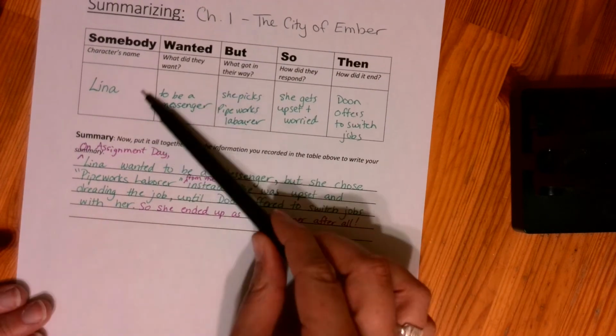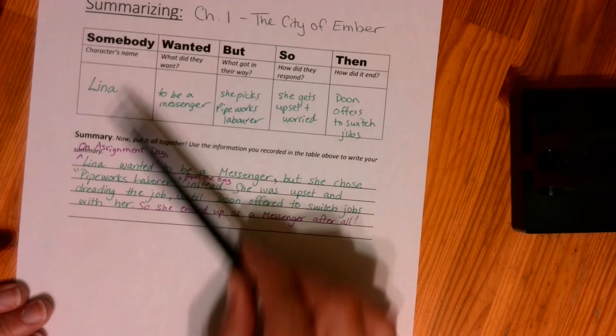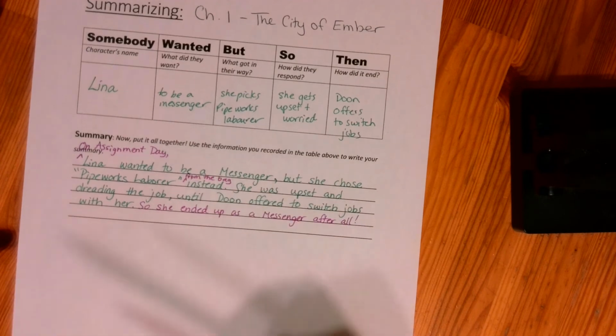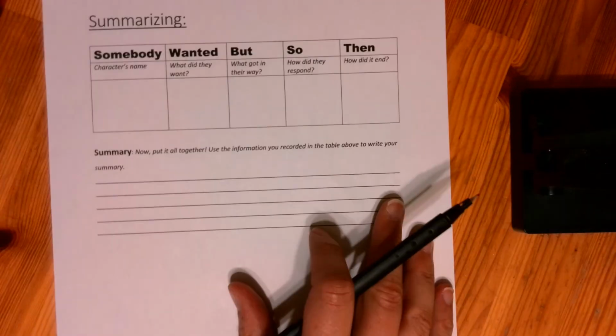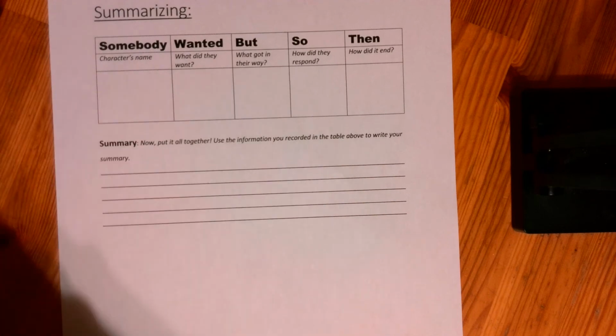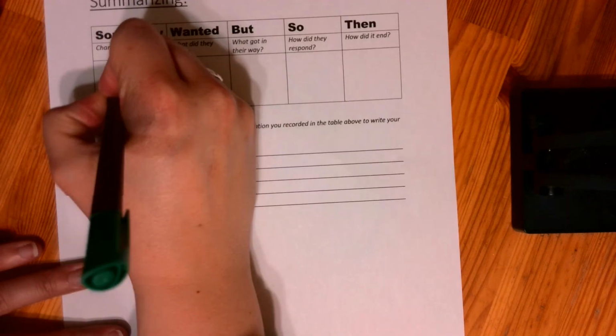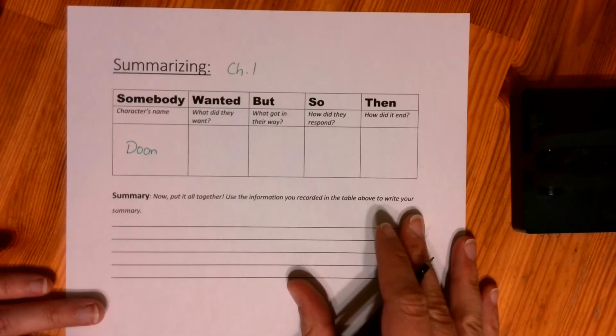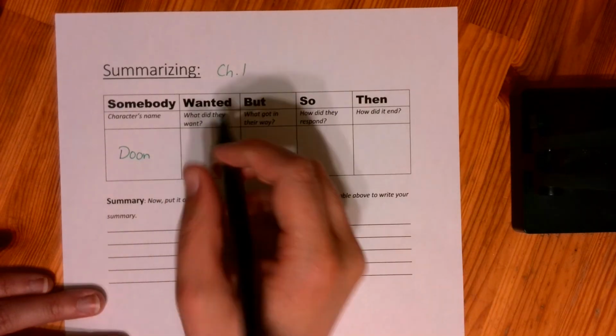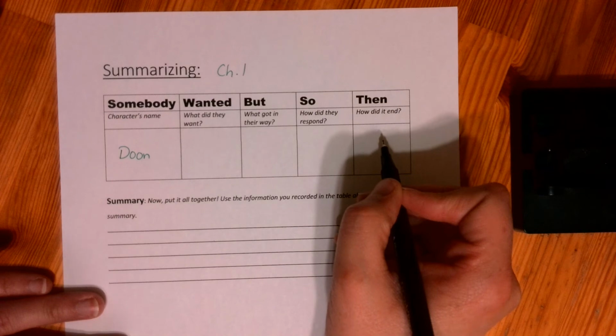And again, remember, I picked Lena for this summary, but we kind of have two main characters in our story. So if I brought over the same piece of paper here, but this time I wrote a summary for chapter 1 and focused on Dune, because he's another main character, this summary would look quite different if I told it from his point of view, right?